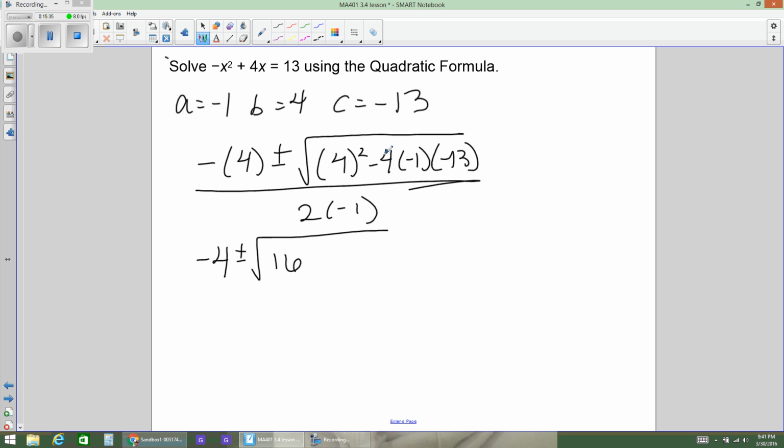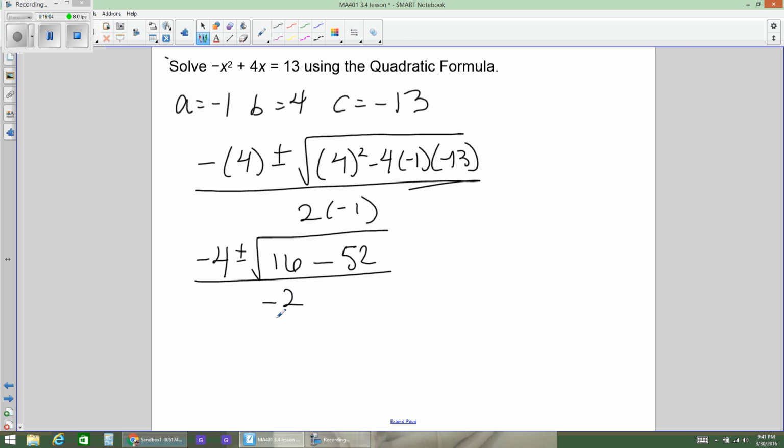Let's look at our signs. A negative times a negative times a negative. Well, a negative times a negative is a positive, but a positive times a negative is a negative. So I have 4 times 13. So let's see, 2 times 13 is 26, and 26 times 2 is 52, all over negative 2.